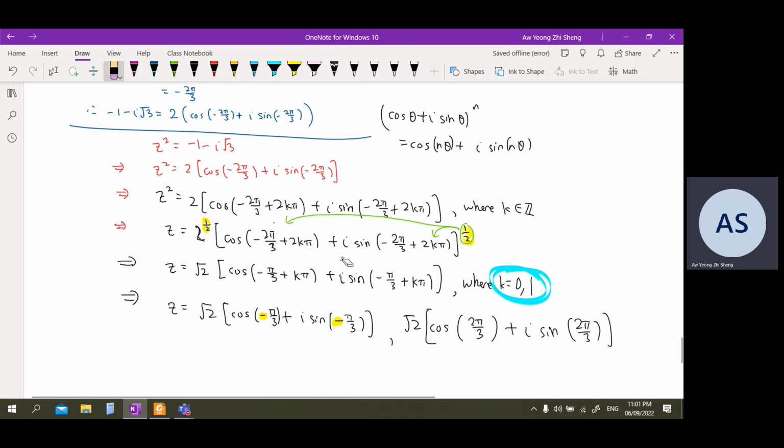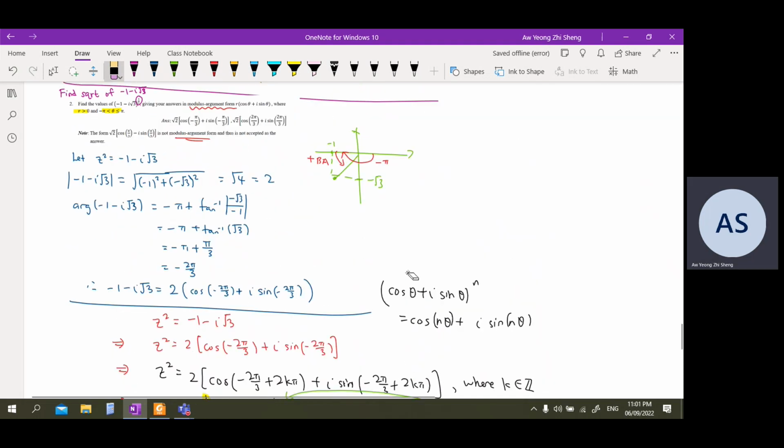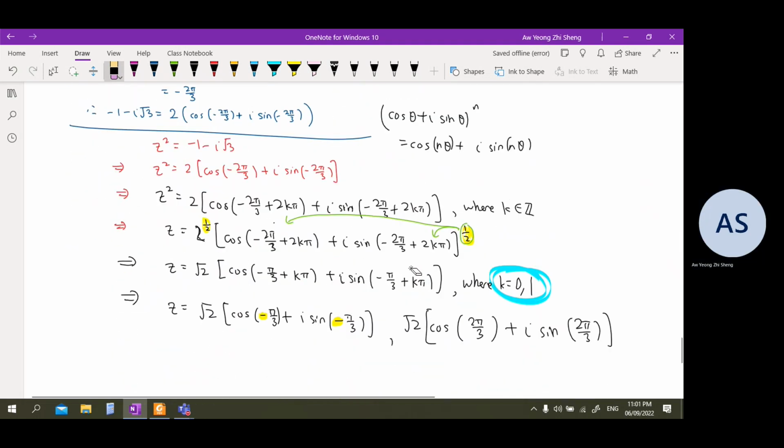And at the end, just conclude. They are asking for values of (-1 minus I root 3) to the power half. So at the end, just conclude.